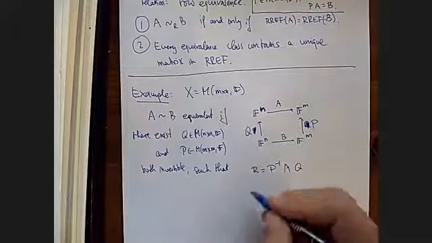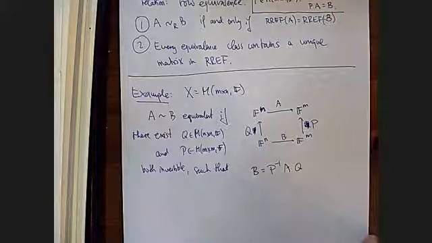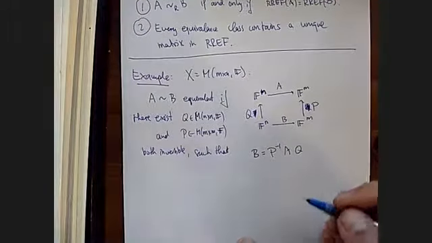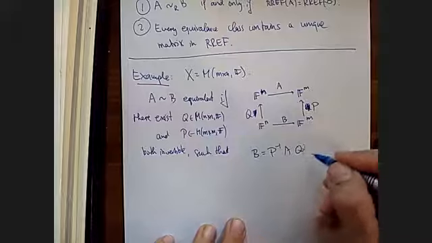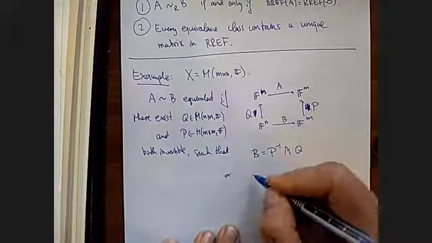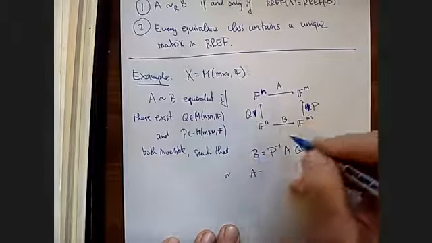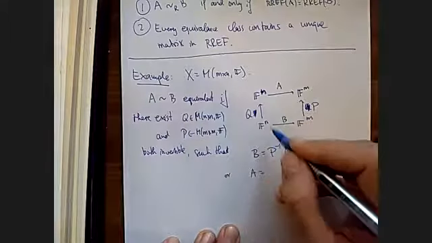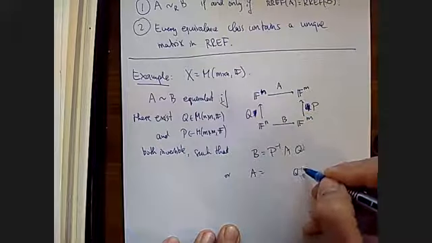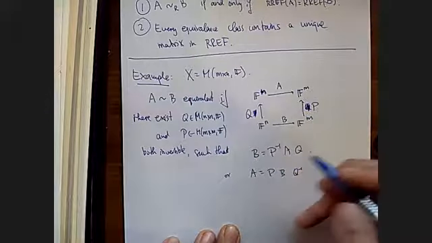Or equivalently, we can write this as A is equal to first Q inverse, then B, then P.